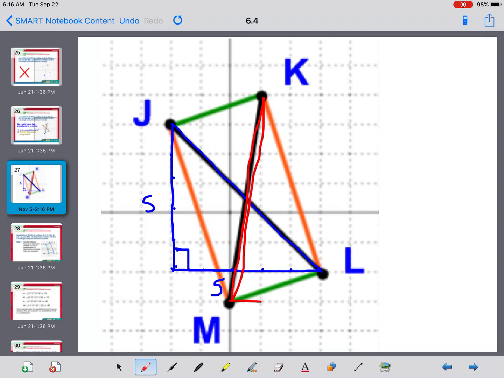And I've got that, which appears to be 1, 2, 3, 4, 5, 6, 7.